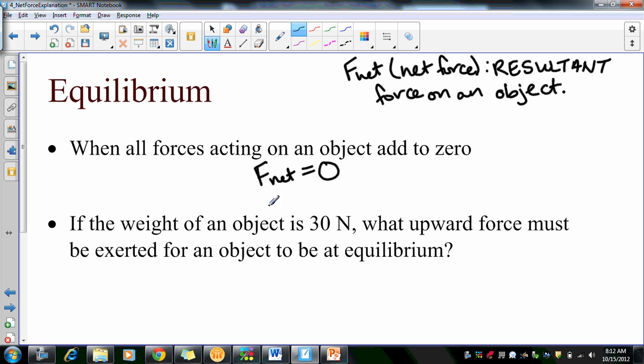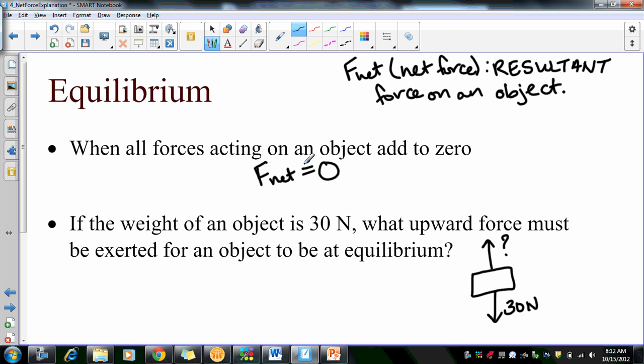So if the weight of an object is 30 newtons, what upward force must be exerted for an object to be at equilibrium? If we were to draw a quick free body diagram of this, we have the weight of 30 newtons going down. We need to know what upward force must be exerted.